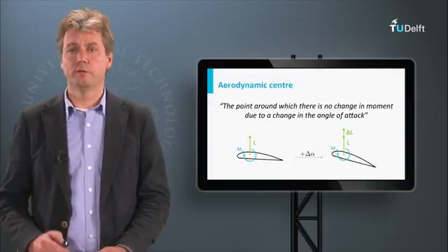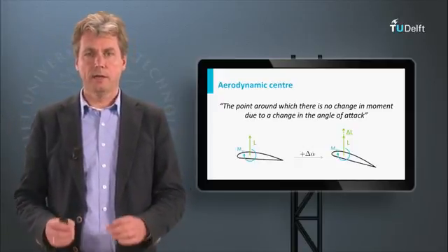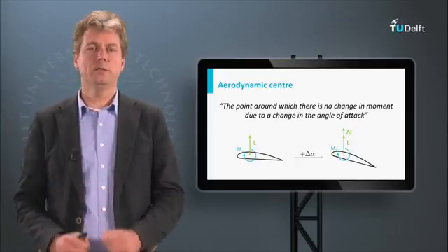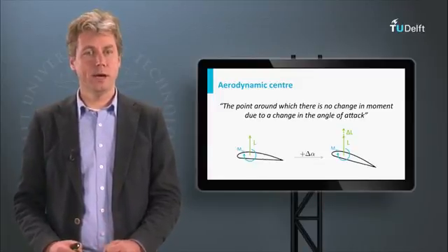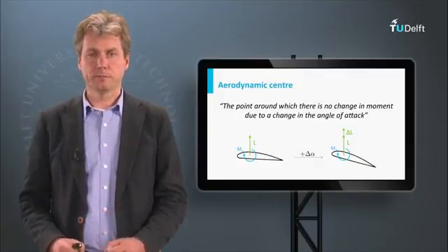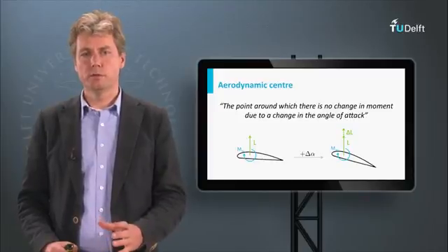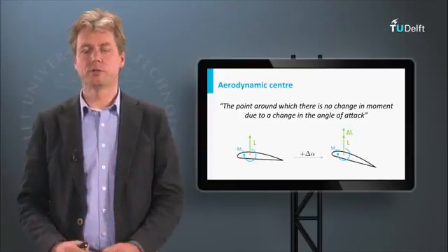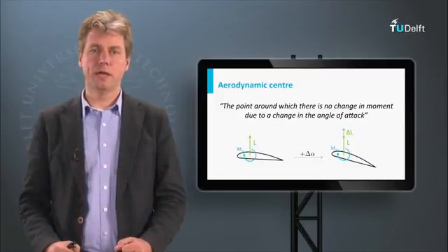The third thing you have to know is a definition, and that's what we will use, that there is one location for every surface, every wing surface, which is called the aerodynamic center. The aerodynamic center is the position where the moment generated by all the aerodynamic forces around the airfoil does not change due to the angle of attack.